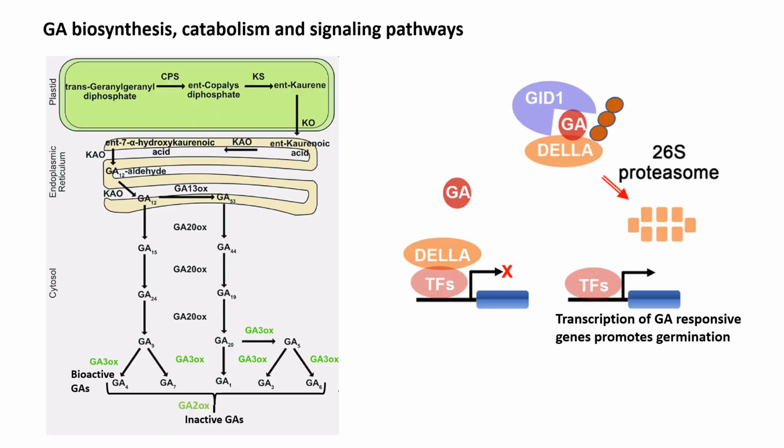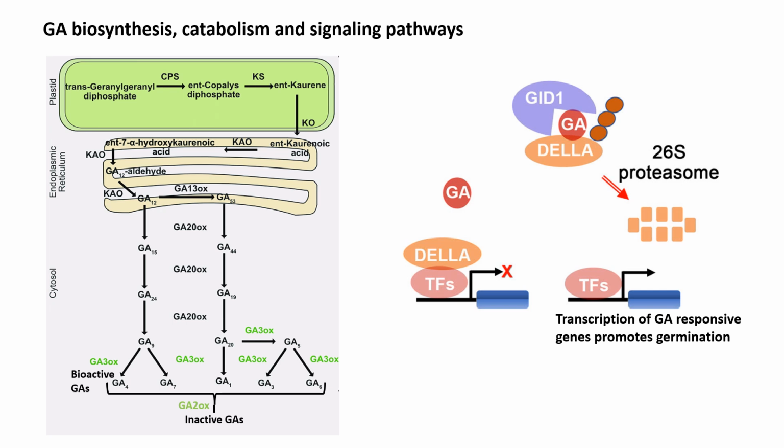While ABA levels decrease during imbibition of seeds, an increase in the levels of gibberellin, or GA, is seen at this time. This hormone plays an important role in promoting germination. Biosynthesis of gibberellic acid involves three cellular compartments, namely the plastids, endoplasmic reticulum, and the cytoplasm.